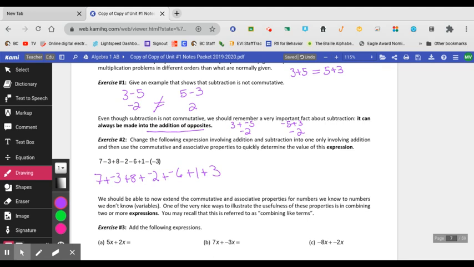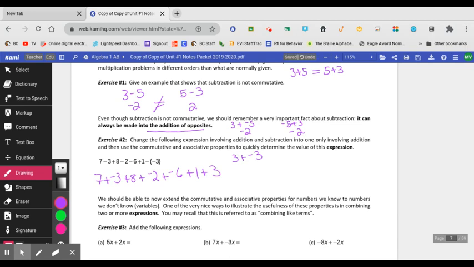Now the idea is I want to use commutative and associative to make this problem simpler. So to make this problem simpler, I'm going to look to see, do I have any opposites? And I do, in that I have negative 3 and positive 3. So I'm going to rearrange it to be 3 plus negative 3.